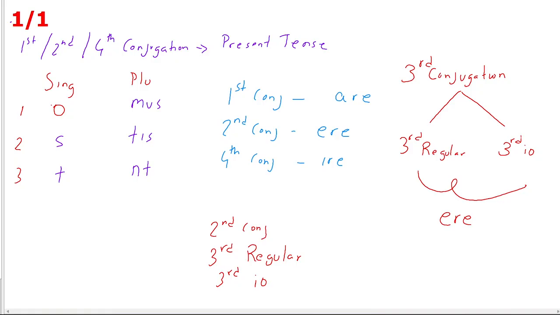Well, we'll take a look at that later, but for now we'll first take a look at the third regular, and then we'll take a look at the third IO, and then finally we'll see how we can in a way distinguish between all these three conjugations. So first and foremost, what we'll do is we shall keep the same chart.